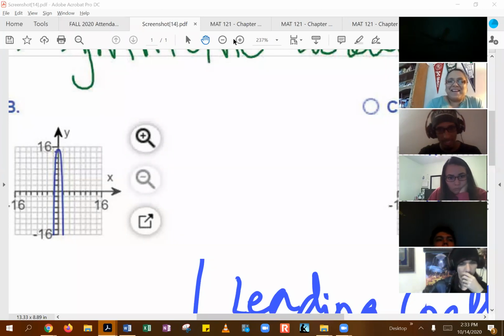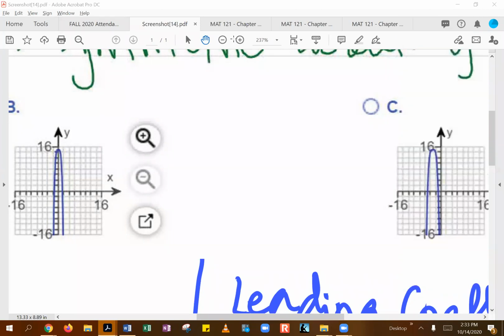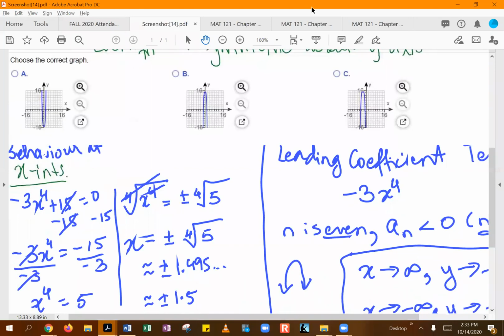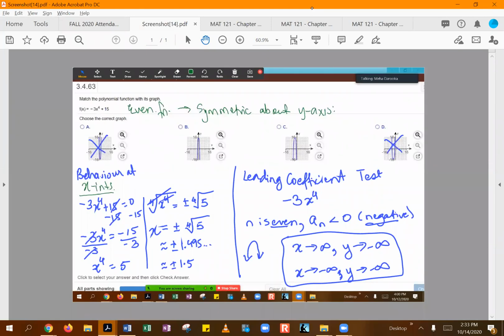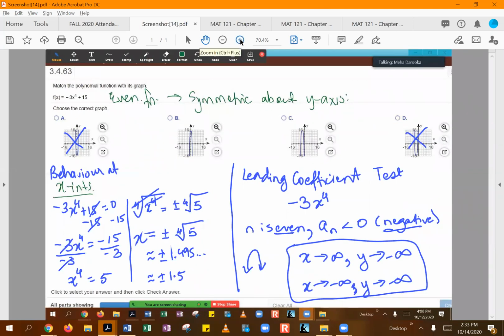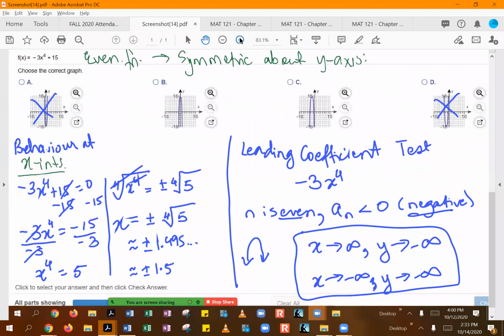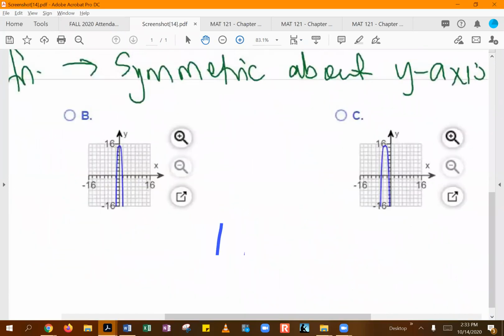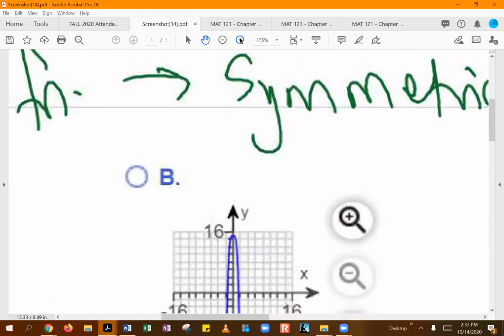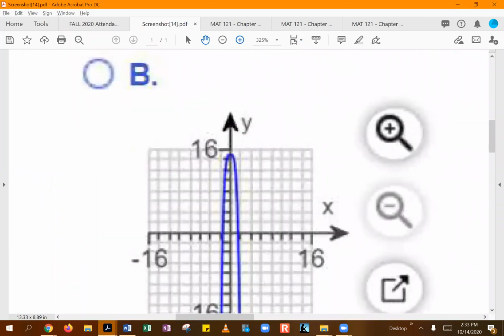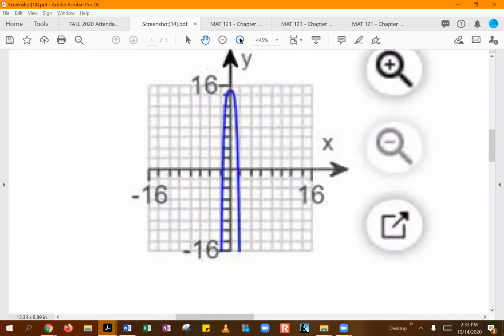Yeah, very nice, guys, because we know our graph has symmetry with the y-axis. Our graph has intercepts at approximately positive and negative 1.5. And we also know our graph is headed downward. So that definitely fits the description of graph B over here.